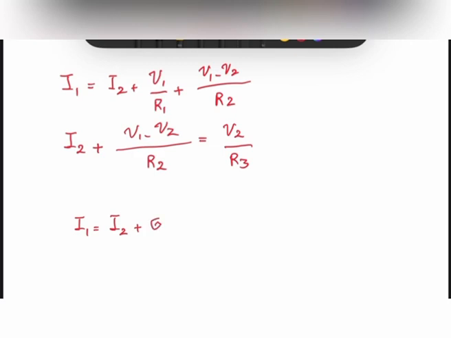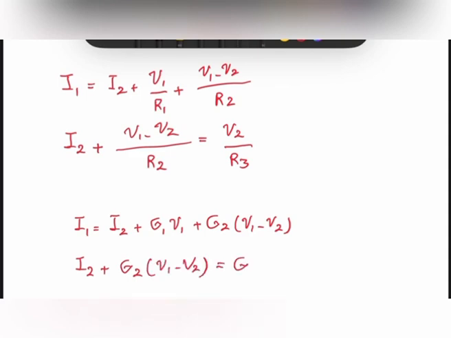Therefore, I can write this as G1 V1 plus G2 (V1 minus V2). And for the next one, I can write I2 plus G2 (V1 minus V2) is equal to G3 V2.